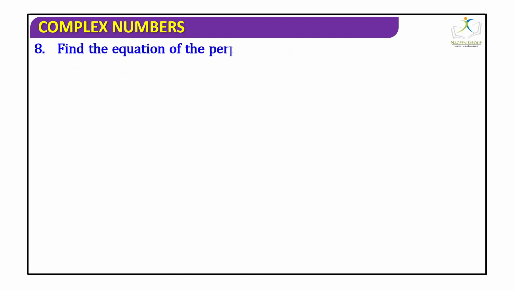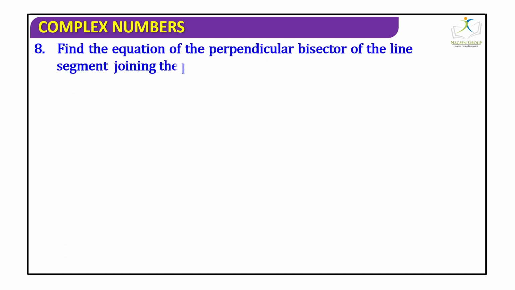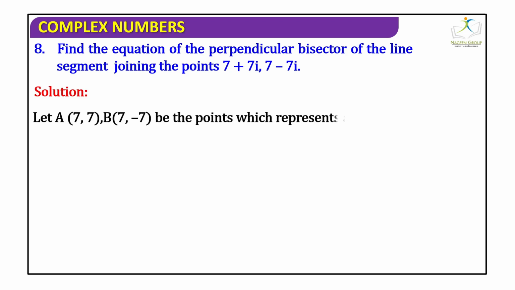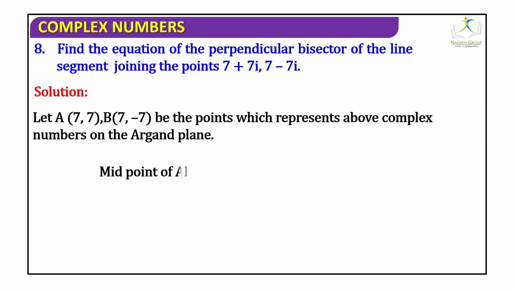Now next question, question number 8. Find the equation of the perpendicular bisector of a line segment joining the points. We have 2 points here. So what is the solution of it? If we have points A and B which represent the complex numbers on the argand plane, we can find the midpoint of AB. We have 2 points, so we can find out the midpoint.